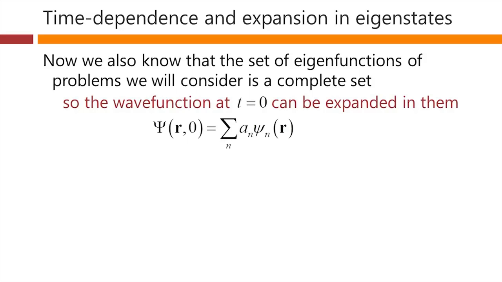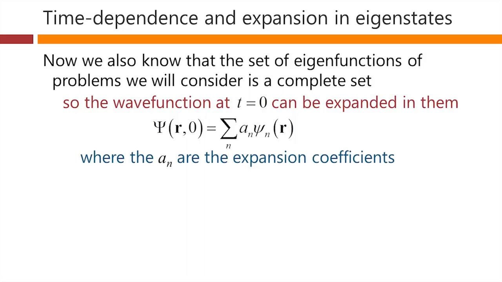That is, the wave function at time t equals 0, psi of r and time 0, can be written as some linear combination, some expansion in the solutions to the time-independent Schrödinger equation. And the an here are just our expansion coefficients. And we know how to work these out, of course, given this particular function.